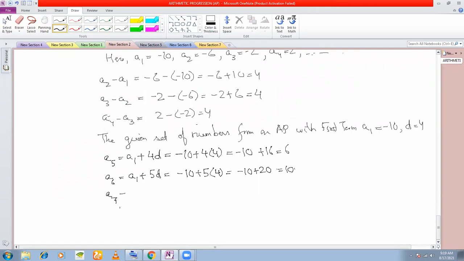And the next term, the 7th term, is A1 plus 6D, equal to 14.